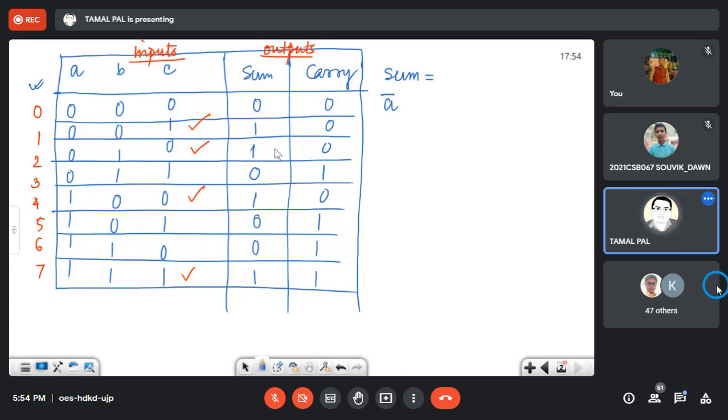So this is A complement, this row. For B complement, I am doing it very slowly so that you can understand it properly. Still, if you have any problem, please tell me. For this row, A complement, B, C complement.